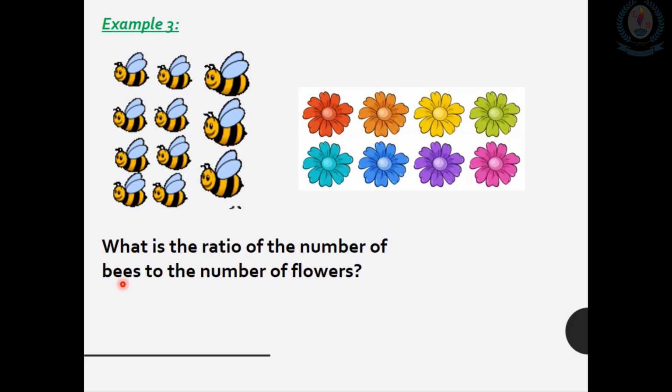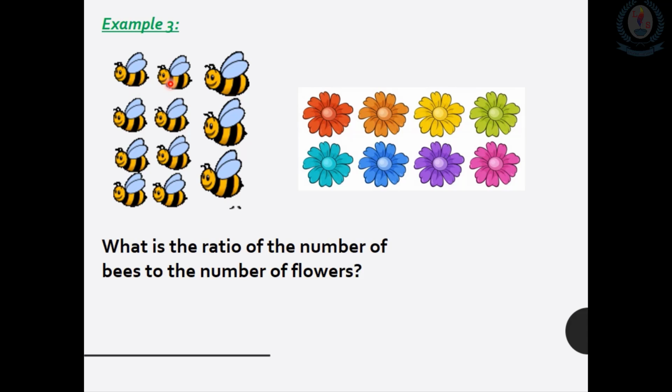1, 2, 3, 4, 5, 6, 7, 8, 9, 10, 11. There are 11 bees. Now we'll count the number of flowers. 1, 2, 3, 4, 5, 6, 7, 8.